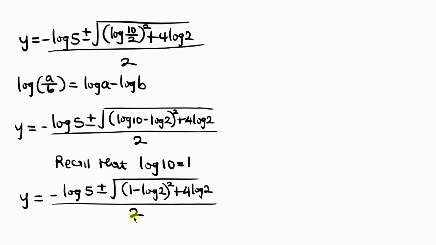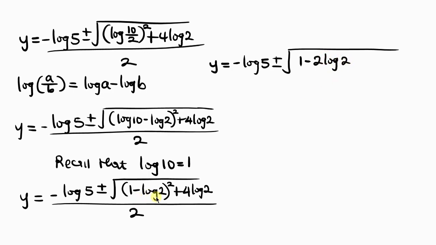Now, our next step will be for us to expand what we have here. So this becomes y equal to negative log 5 plus or minus square root of. Now, expanding this, I'll have 1 squared, that's 1. Now, 2 times 1 times negative log 2, that's negative 2 log 2.